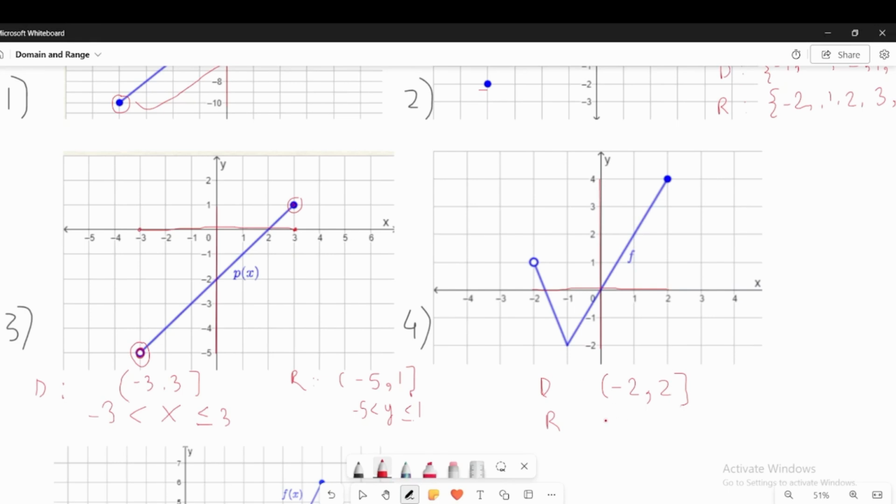So for -2, now the question is what type of parenthesis or bracket you are going to put. So you can see -2 is included in the range, right? So that means here it would be -2 to +4.